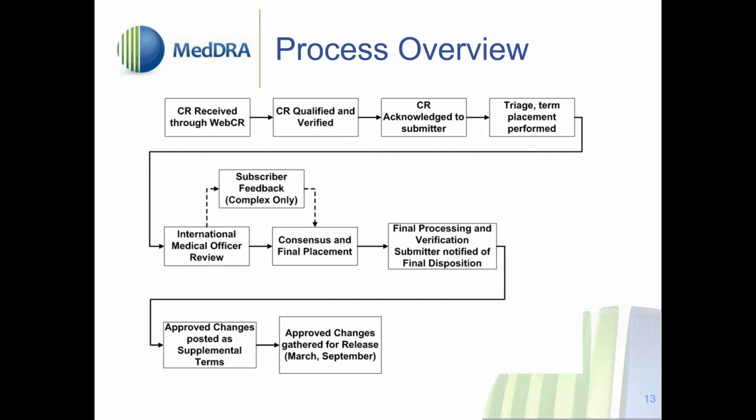So sometimes if we have questions for a subscriber, the subscriber will be contacted by someone from our main office. In general, we are blinded, so we don't know who is submitting a change request. And so we are completely blinded, and our individual judgment is blinded as well.